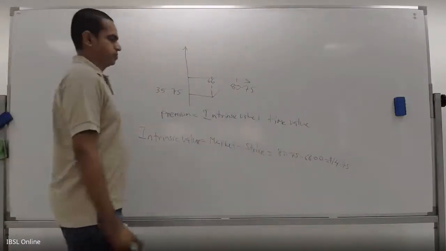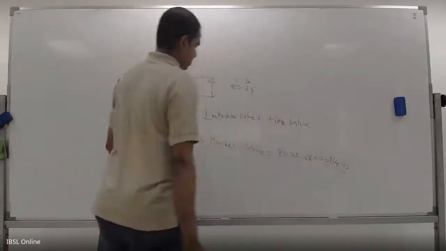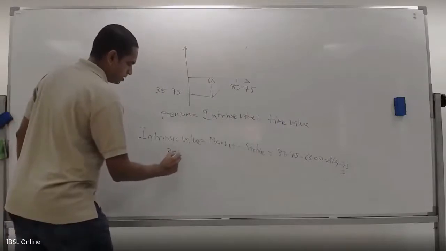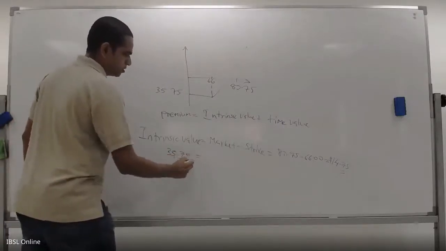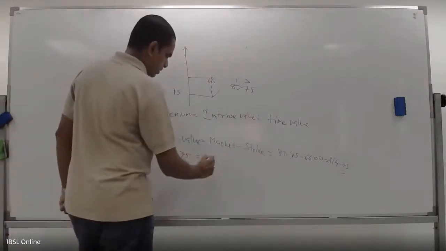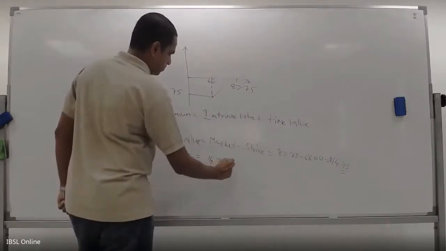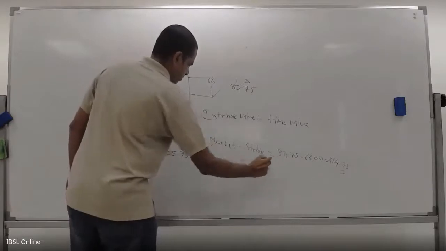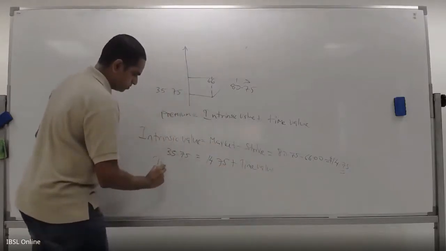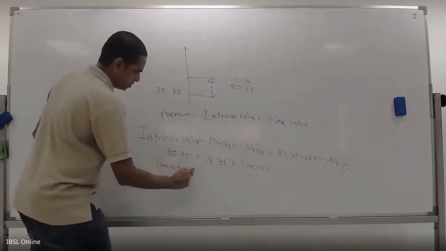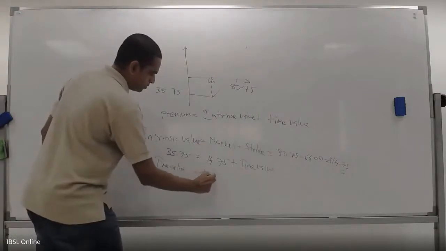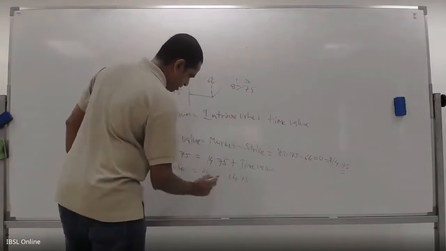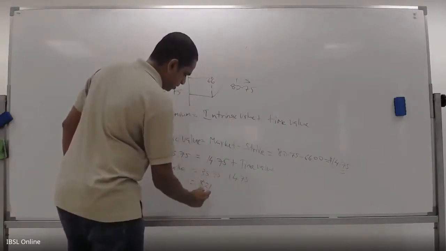Right. So you can go back to this equation. The premium is 35.75 equals intrinsic value of 14.75 plus time value. So the time value of this option is 35.75 minus 14.75. You will end up with $21.